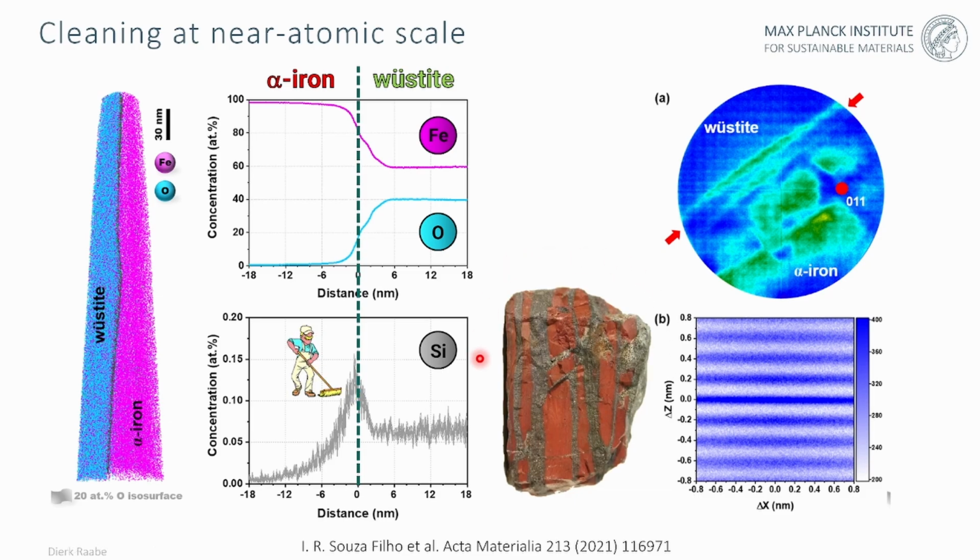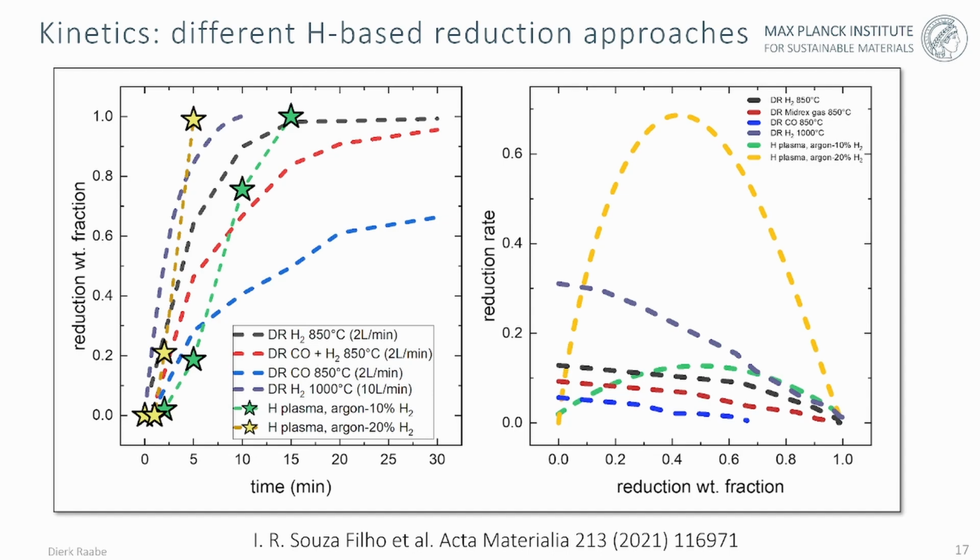And this is very essential when you tap into very low price iron oxide resources, such as, for instance, the use of so-called banded iron ores, like you see here, which are very high in silicon oxide. So it's a technique that might come in very handy to equip you not only with a very fast and efficient and sustainable reduction technique, but also with a technique that allows you to use very low price iron ores.